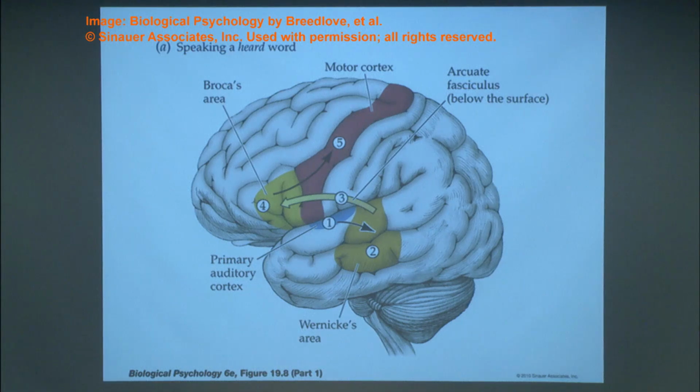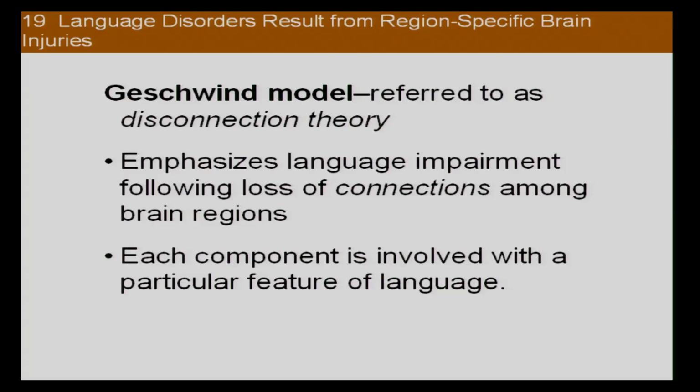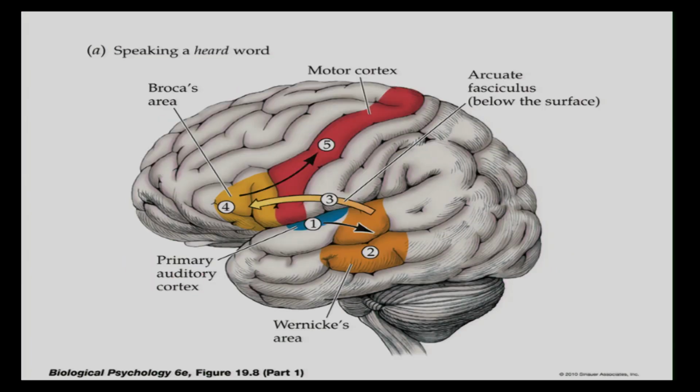And in terms of the Geschwind model and the importance of connections among brain regions, we know that if you damage just the arcuate fasciculus, not even Wernicke's area and primary auditory cortex, which can happen rarely, what you see is patients that can't say words, patients that can't repeat spoken words. So they can't repeat words that are spoken if you have an arcuate fasciculus lesion.